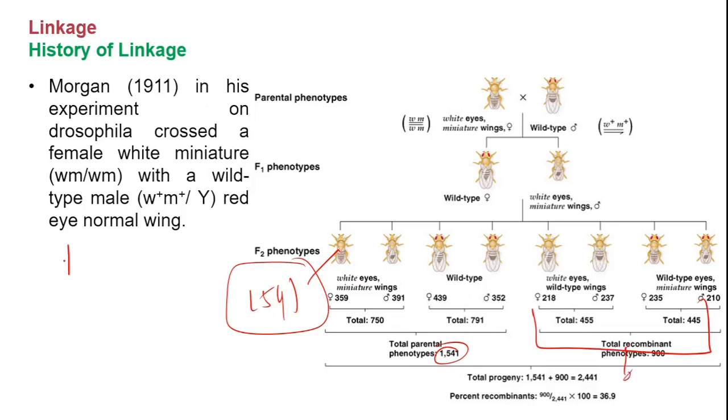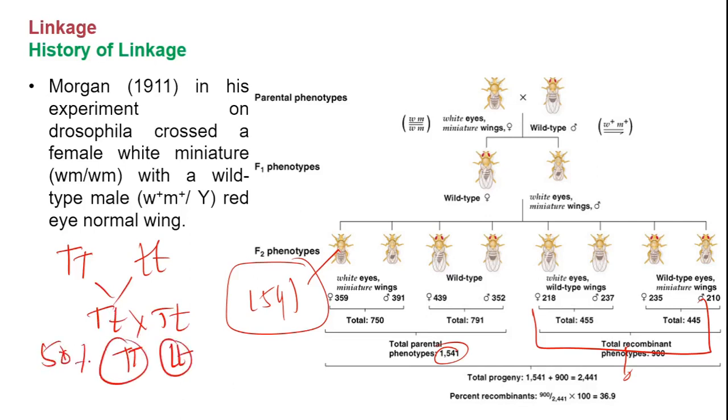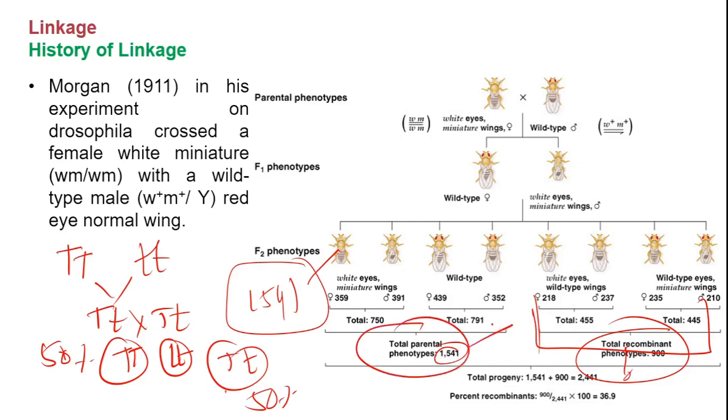If you do a cross with capital T, small t, heterozygous, and self cross, definitely the parental combination will be 50% and the recombination population 50%. But in the case of this cross, the recombination fraction will be less than 50% and the parental population more than 50%. Around 75% will be parental combination and 25% will be recombination combination.